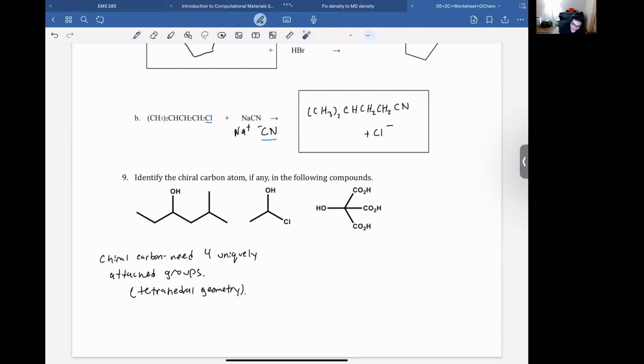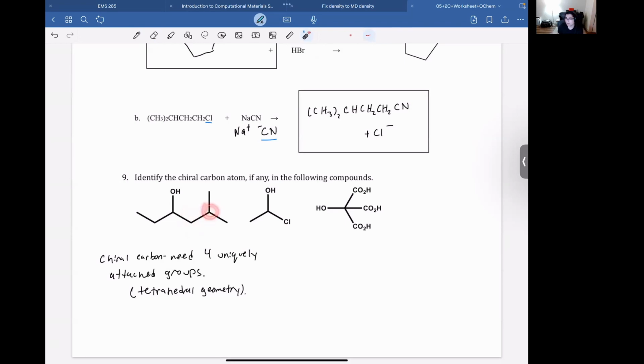So if you're looking at these carbons, that carbon has 3 hydrogens. I'm not going to draw them in, but we know there's hydrogens there. There's 2 hydrogens on this carbon, so neither of those can be chiral carbons because they don't have 4 unique groups. Or not all the same, but more than one is the same. One has 3 hydrogens, those are the same. This one has 2 hydrogens, those are the same.